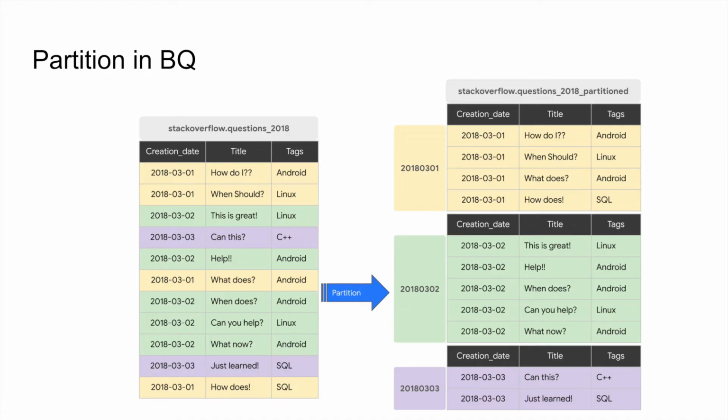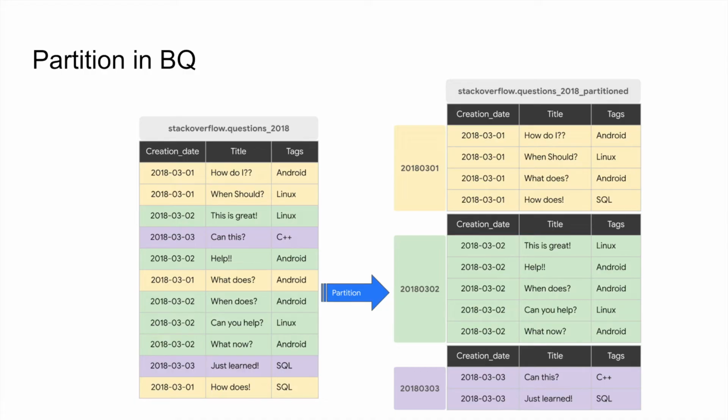Assuming that most of our queries are based upon date and use it as a filter, for example, give me all the questions or give me a count of questions asked only in March or only in first week of March, partitioning can really improve BigQuery performance.